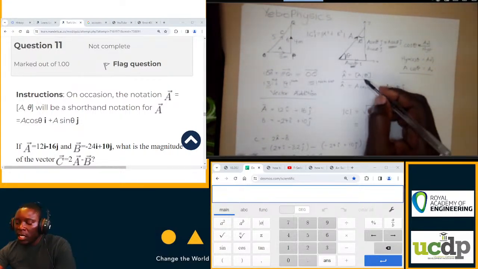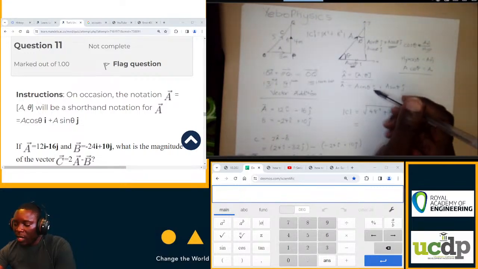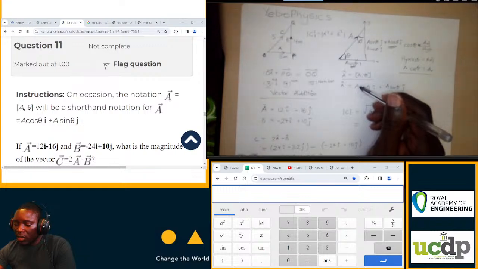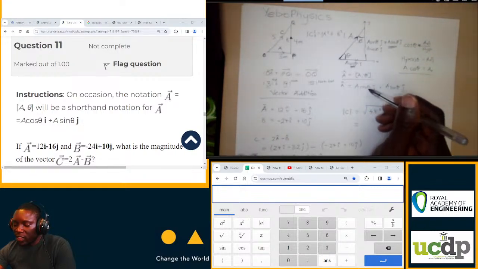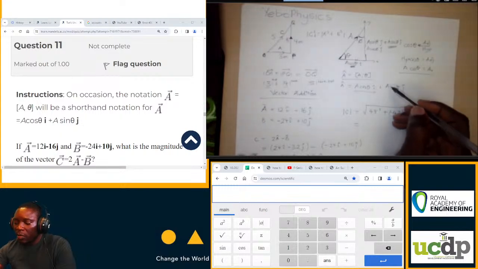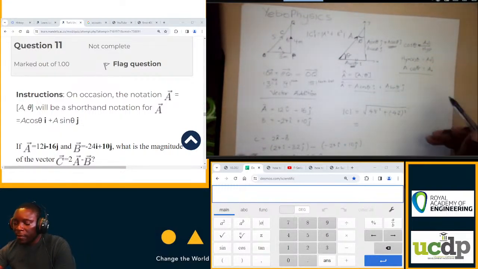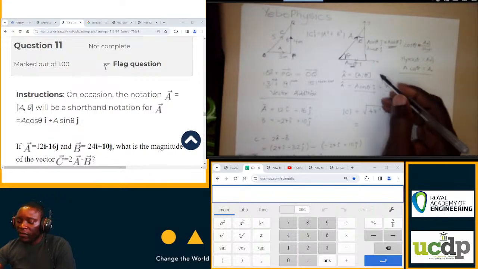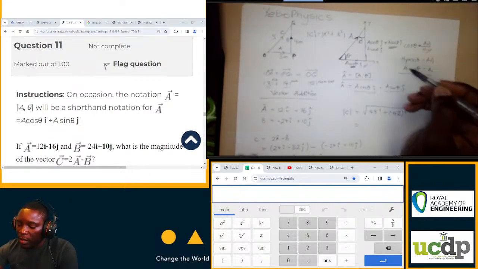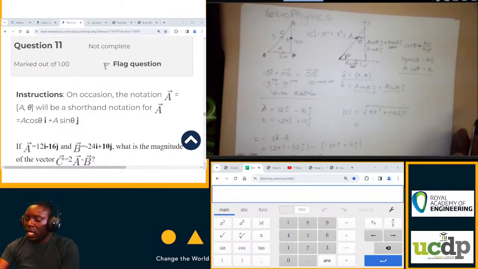It is just representing a magnitude, a value, or a number. And theta is the angle. So this is the magnitude of the vector A cos theta in the i, the x component, plus the magnitude of the vector A sin theta in the j. So these are the two components of the vector which I've shown here. One component in the x and the other component in the y.